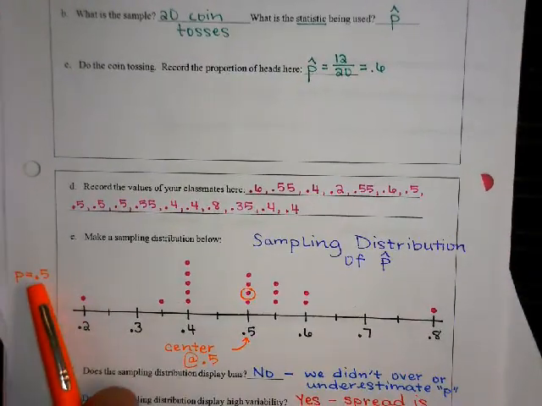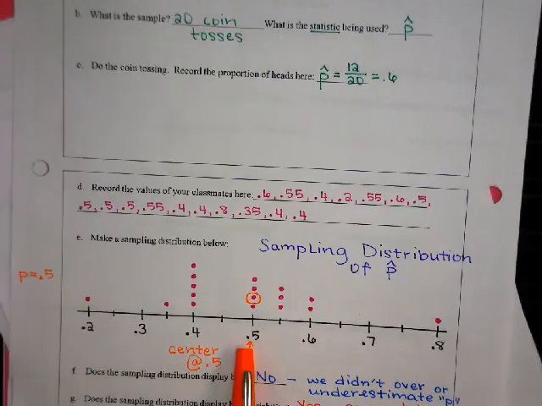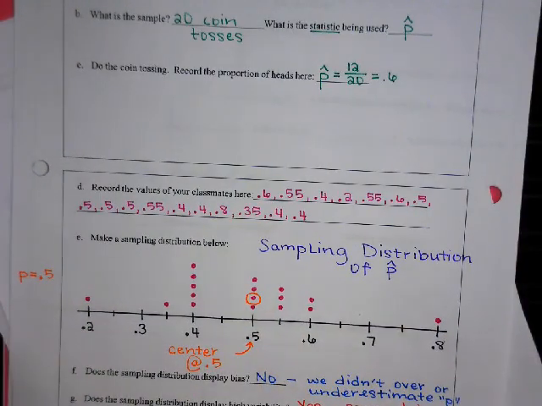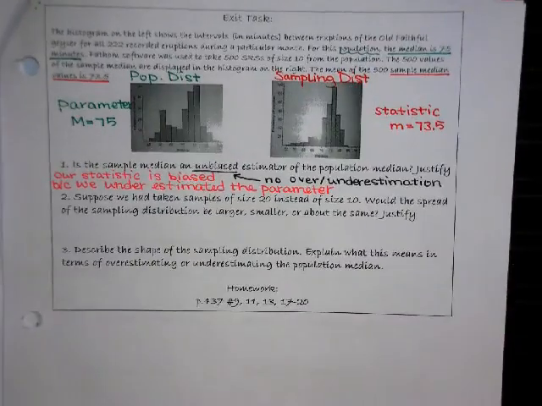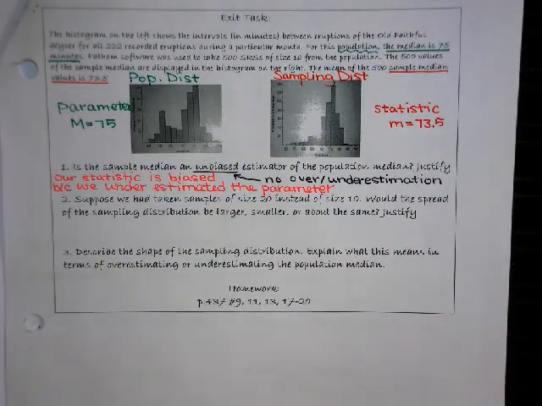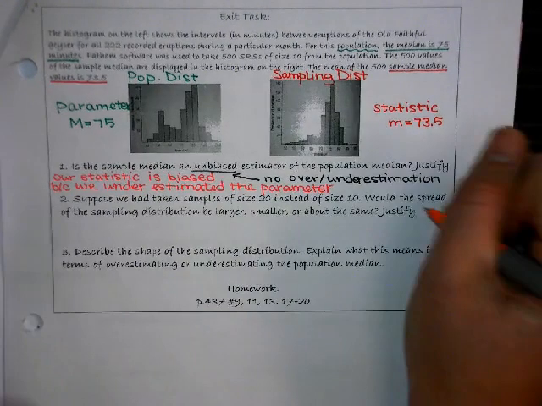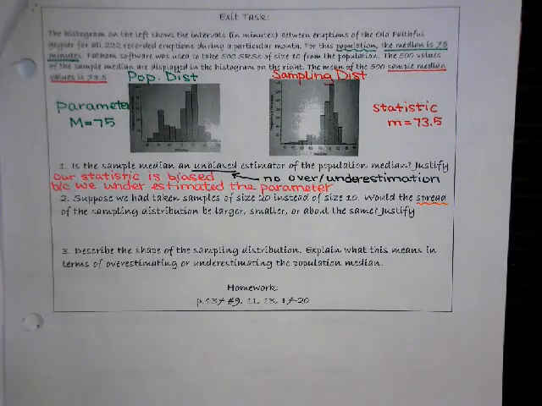All right, number 2. Suppose we had taken samples of size 20 instead of size 10. Would the spread of the sampling distribution be larger, smaller, or about the same? What does spread measure? It would be smaller. Spread is a measure of your variability, and if we increase sample size, we should reduce the variability. So we would expect it to be smaller.